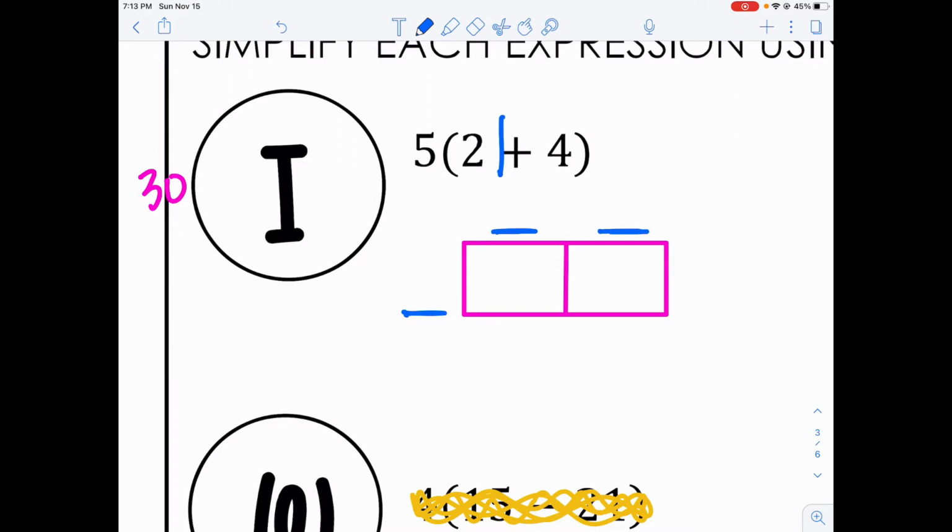So I'm going to use these numbers to put them around the boxes. 5 is in front of the parentheses. 5 goes in front of the first box. 2 is the first term, so 2 goes above the first box. And above the second box, I put the term and I put the operation sign. This tells me that it's a positive 4. If it had a negative sign, then it would be representing a negative 4.